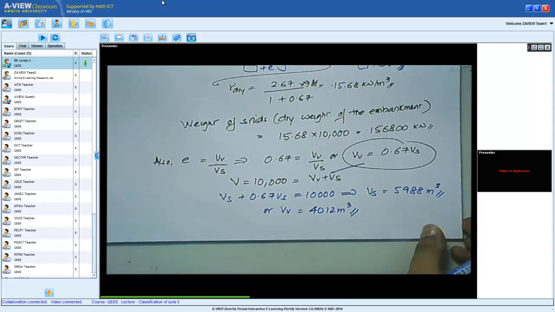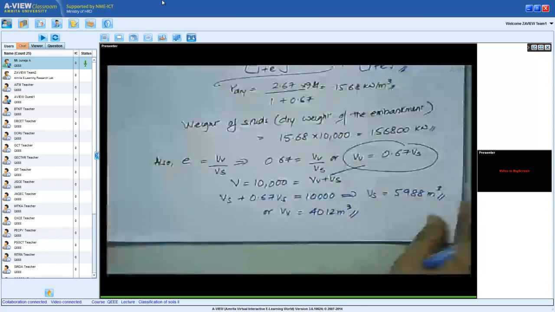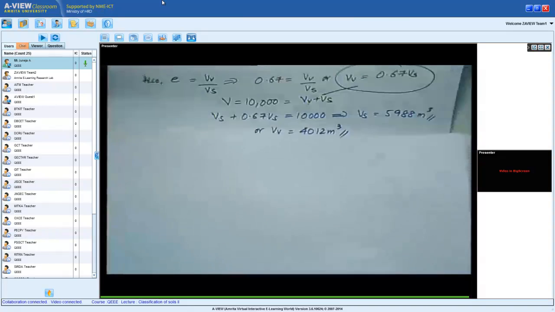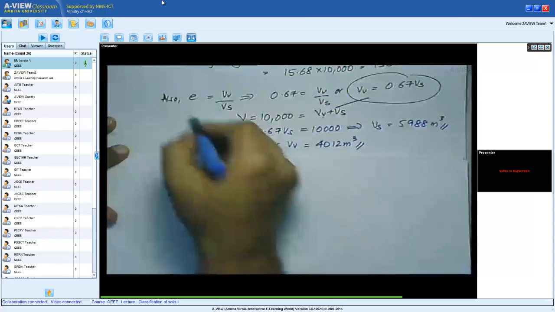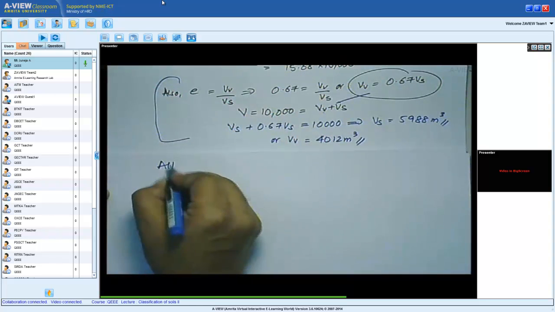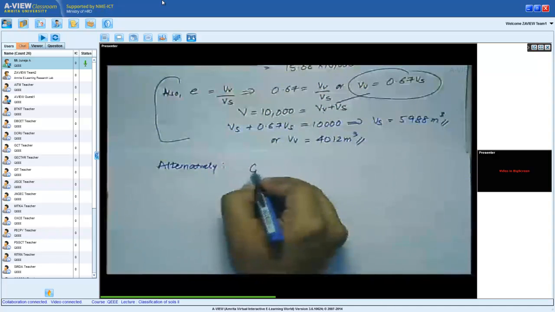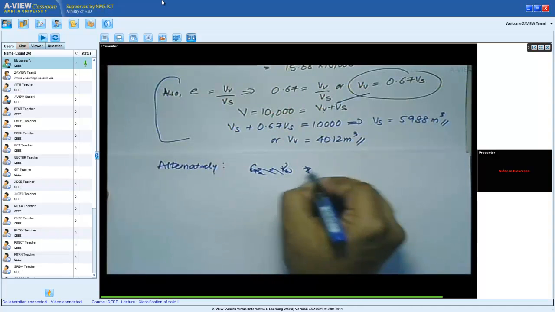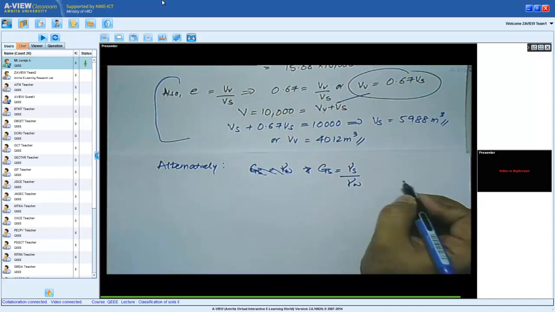Now we've found this volume of solids using the void ratio. I could have alternatively used the equation for specific gravity, so I'm going to redo this using another procedure. Remember, GS equals unit weight of solids over unit weight of water.